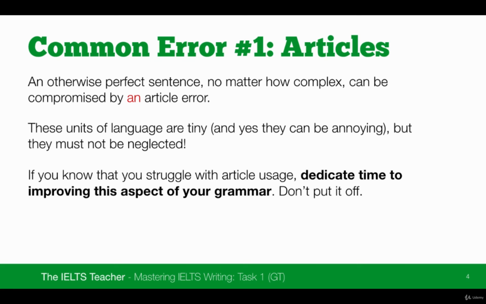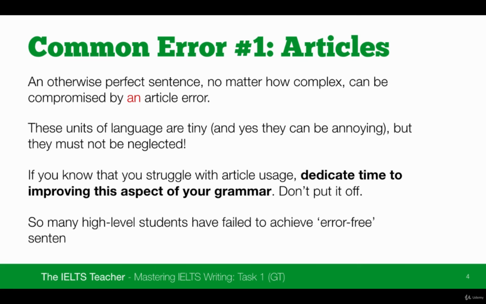There is no magic fix. It really is a case of practice, practice, practice, and don't put it off. Start today. So many high-level students with beautiful grammar around lots of other grammatical constructions, lovely, wide-ranging vocabulary, many of these students have failed to achieve error-free sentences, and thus they failed to achieve a Band 7 or above because of their article errors.